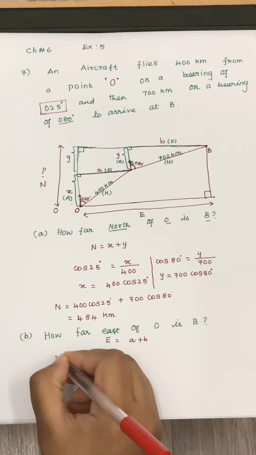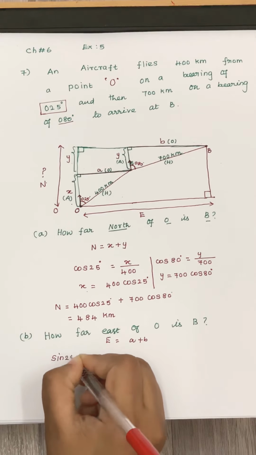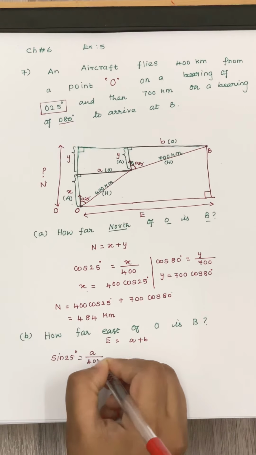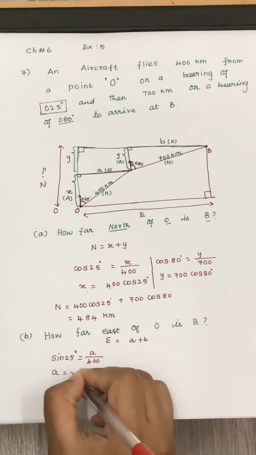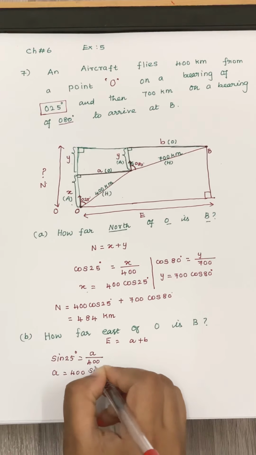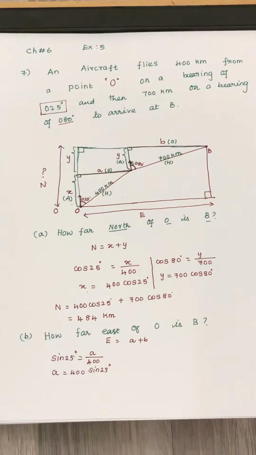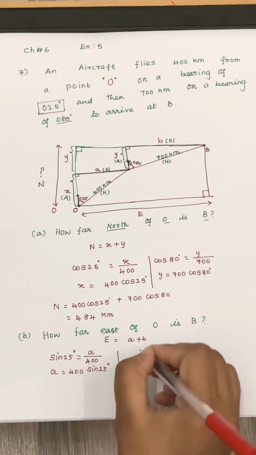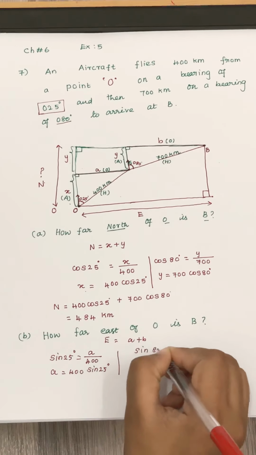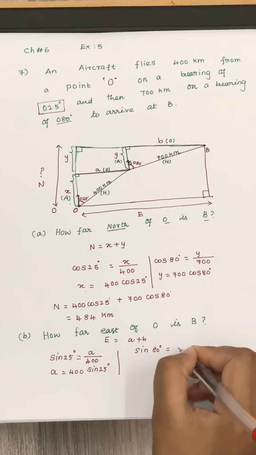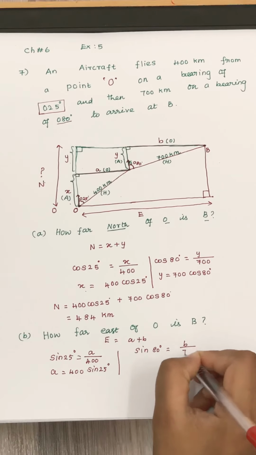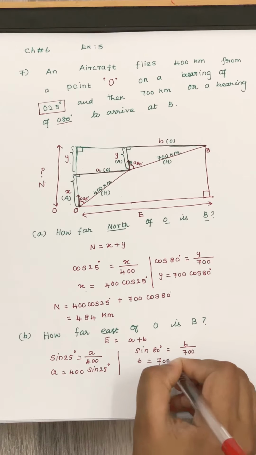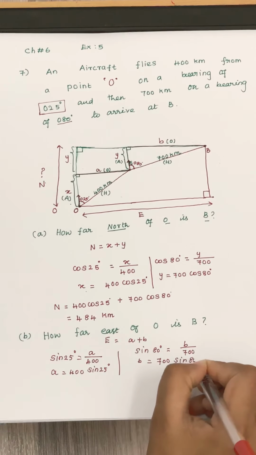So sin 25 degrees equals A over 400. From here, A equals 400 sin 25 degrees. Same way for B, sin 80 degrees equals B over 700. So B equals 700 sin 80 degrees.